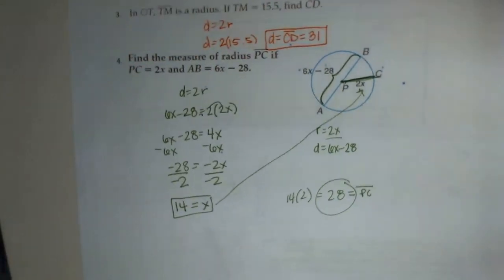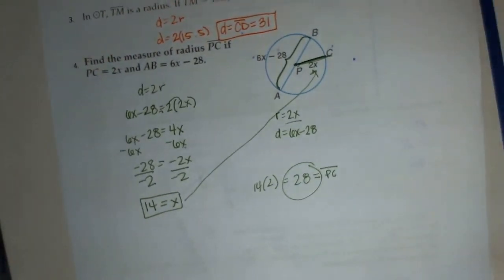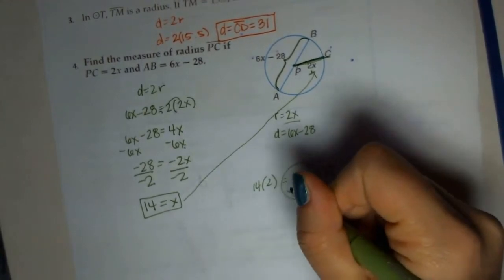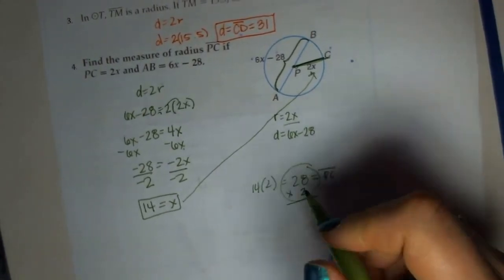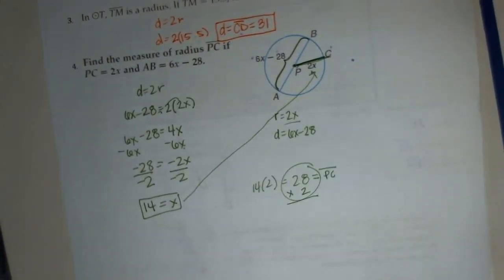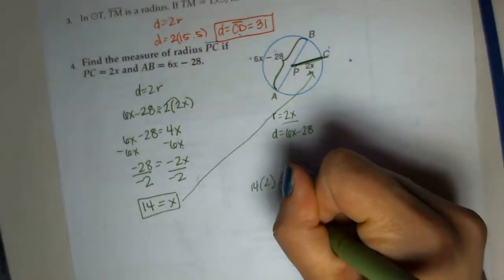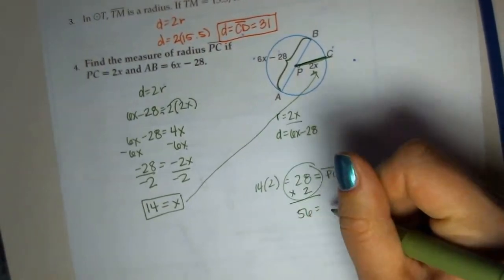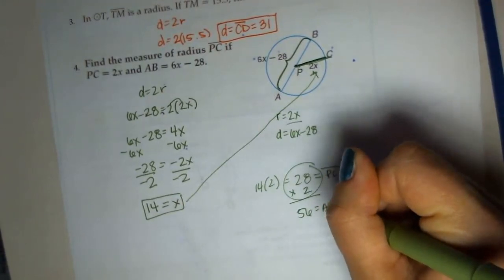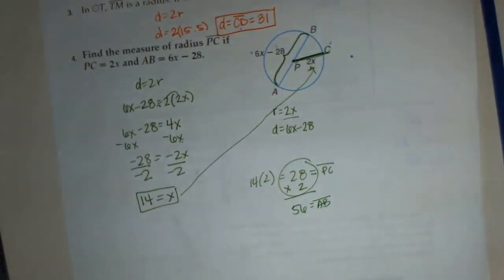If it asks you to find the diameter, we could just do 28 times 2, and that'd get us 56 as our diameter, or AB. All right, doesn't ask you to do that, but just to show you, once we know the radius, we can solve for the diameter because we know diameter is 2r.